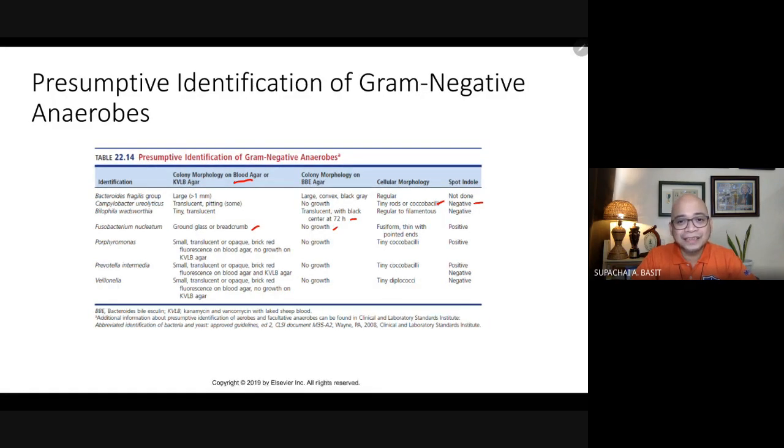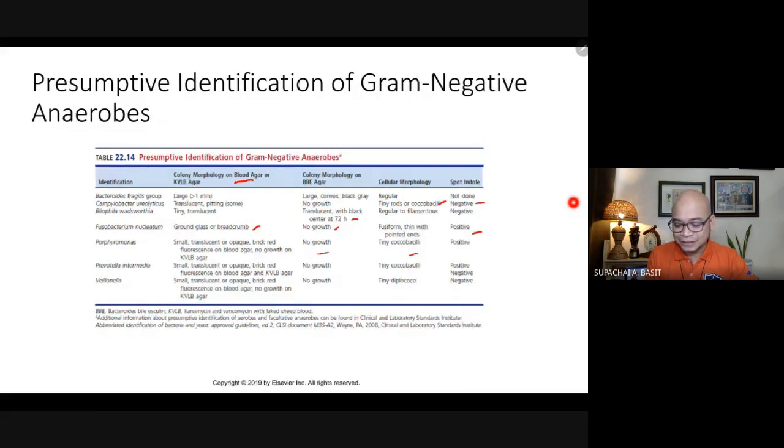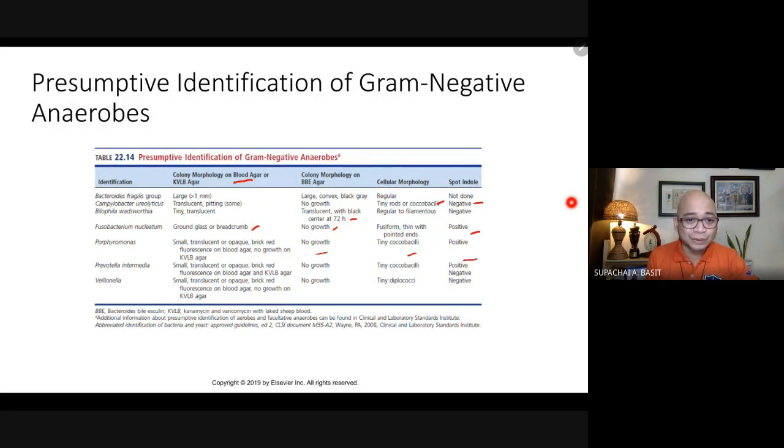It is characterized by fusiform bacteria, thin with pointed ends, and is positive in spot indole. For Porphyromonas, it is small, translucent or opaque with brick red fluorescence on blood agar and no growth on KVLB. They cannot grow also on BBE, but it appears like cocobacilli and it's positive with spot indole.